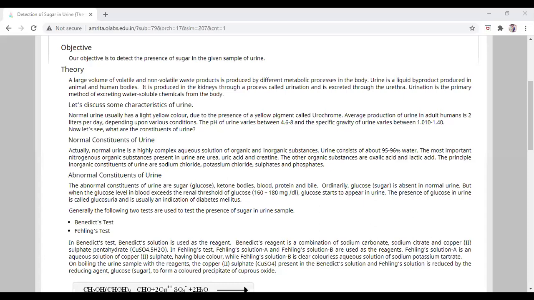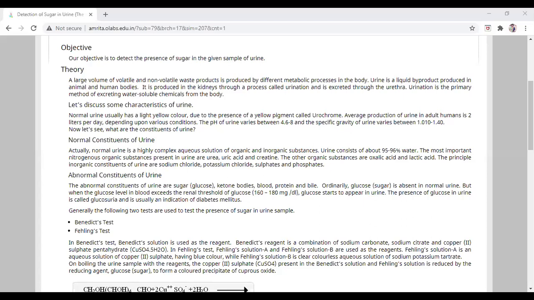Then kidneys don't have any option other than to release it in urine. The presence of glucose in urine is called glucosuria, or glycosuria.